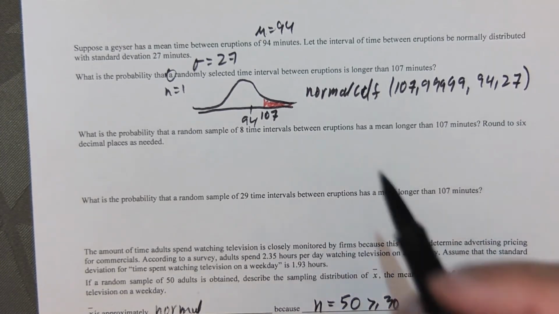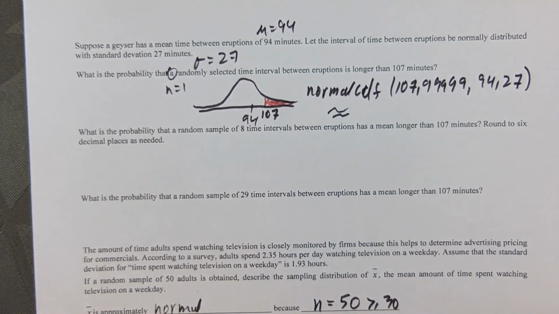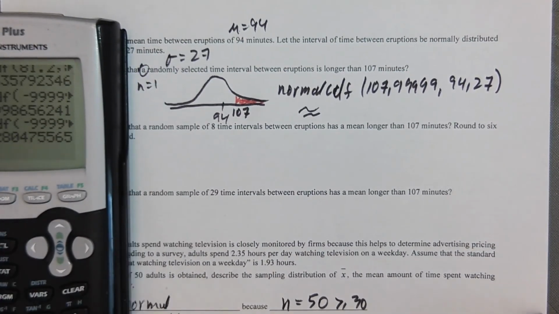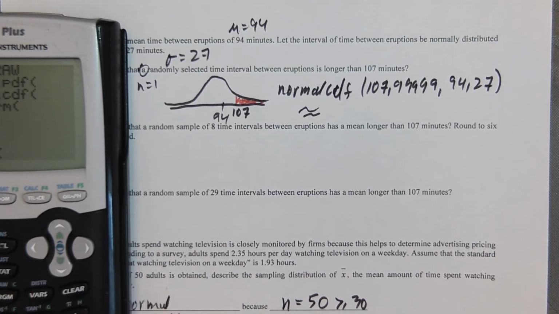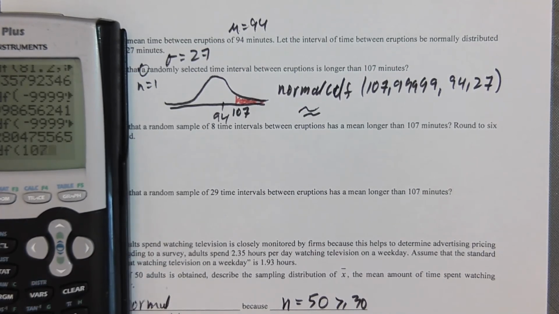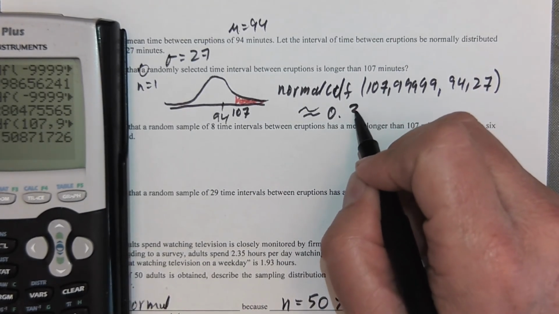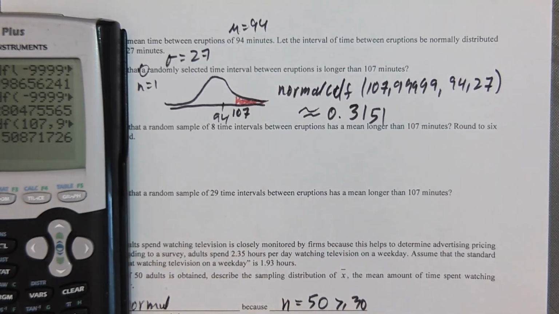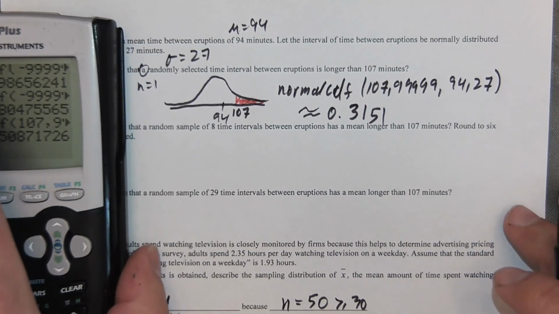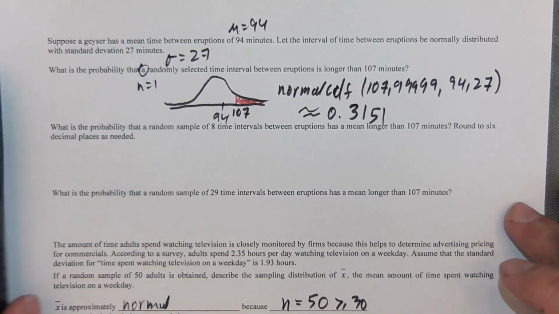We don't normally put that, but you could. So here we go. Normal CDF, 107, comma, 99999, 94, 27. 0.3151. So one going off longer than 107, not that unusual. 32% chance that would happen.